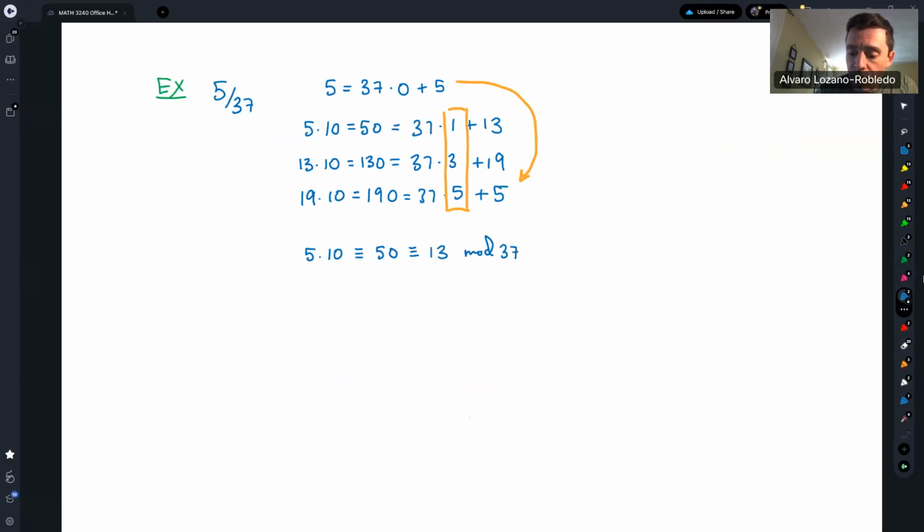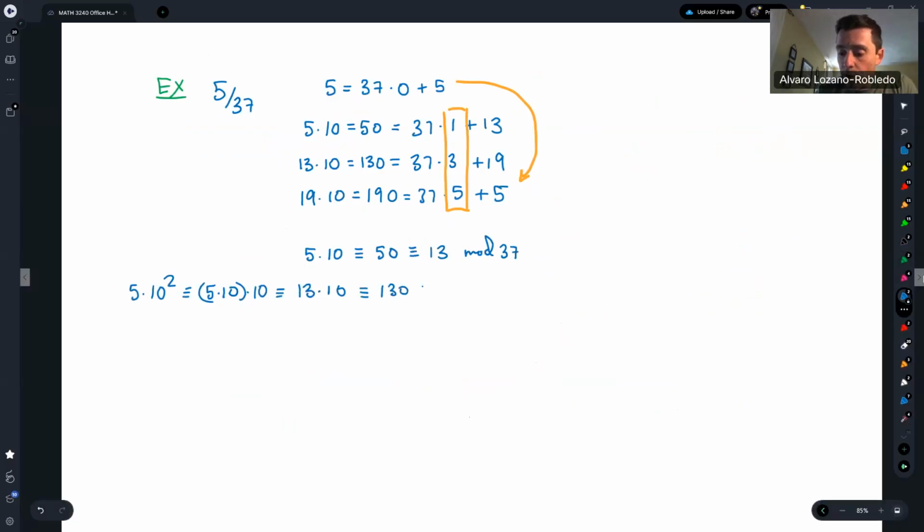So 13 times 10, but again, 13 times 10 is 5 times 10 times 10. So this is 5 times 10 squared, that is 130, and modulo 37, that is 19 modulo 37.